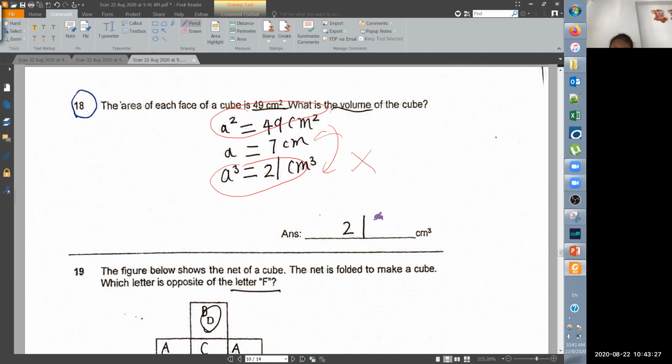Then you should not even get this answer. 你以后要有这样子的一种，we call it common sense.